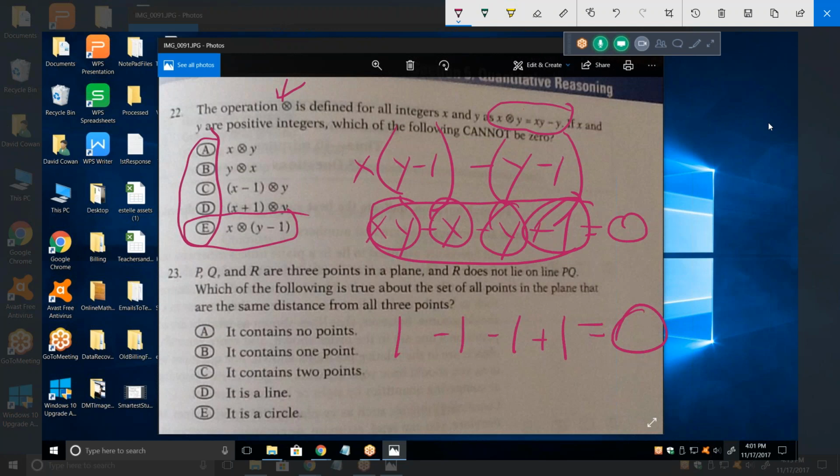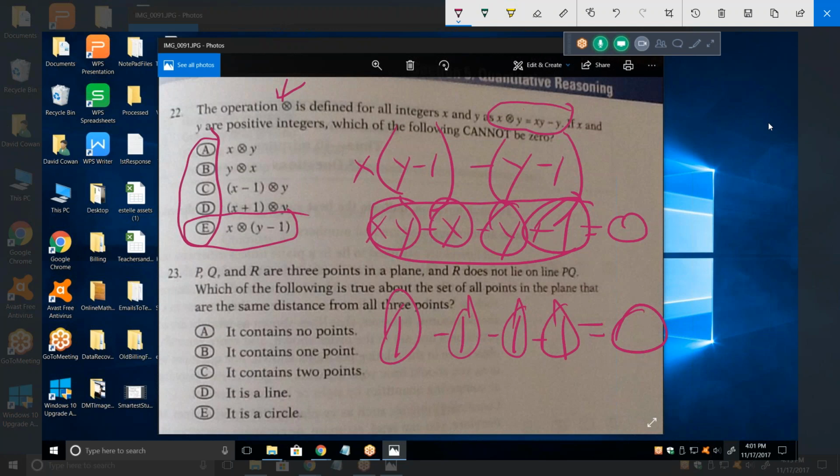So since I couldn't factor it out, I decided, well, can I think of an x and a y that works? I can't, because if x were 1 and y were 1, then xy is 1 minus another 1 plus 1, that's 0.